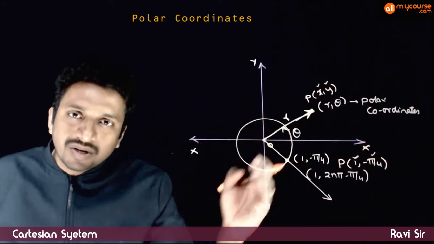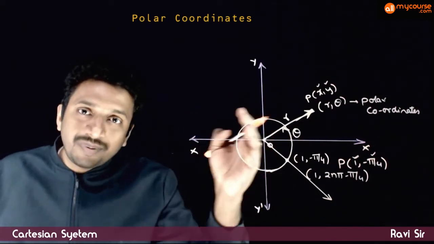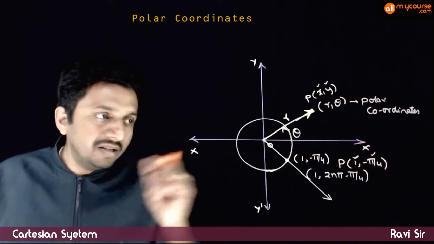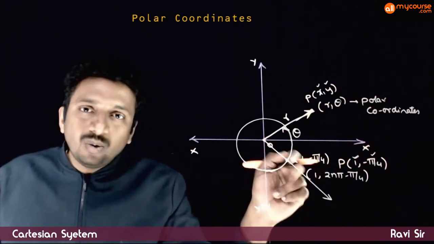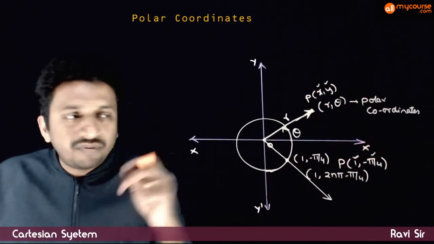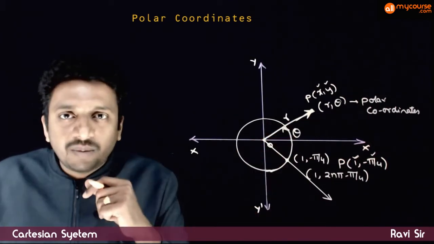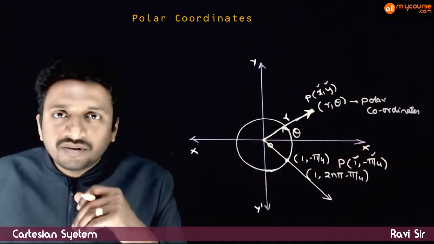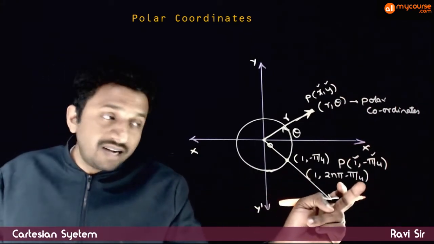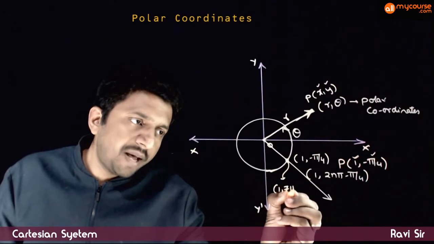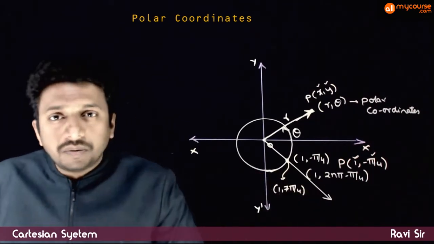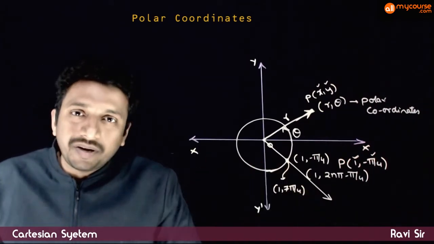The position of the ray goes on repeating itself after every rotation. So minus pi by 4 is also the same as 2 pi minus pi by 4. If I rotate the angle 2 pi minus pi by 4, again the ray stops here. So 7 pi by 4 also represents the same point.